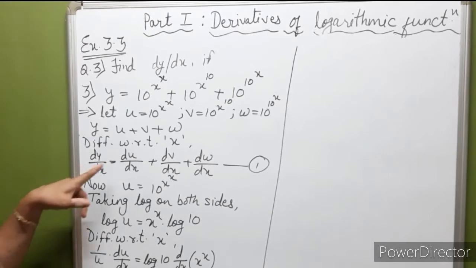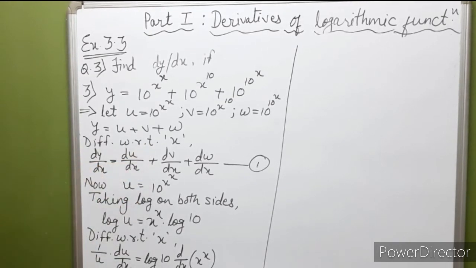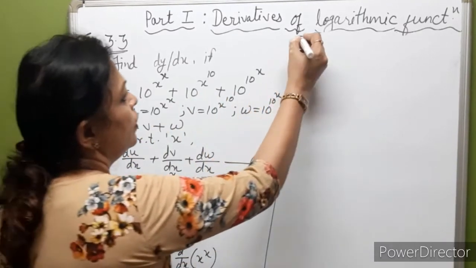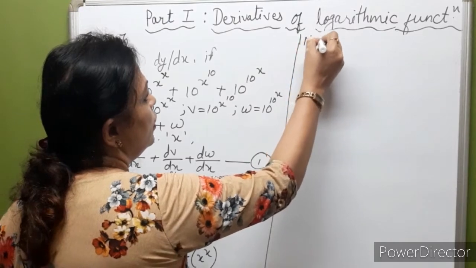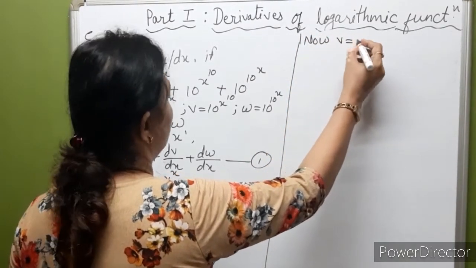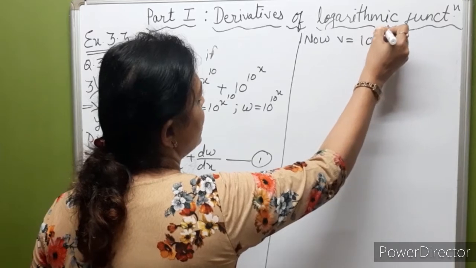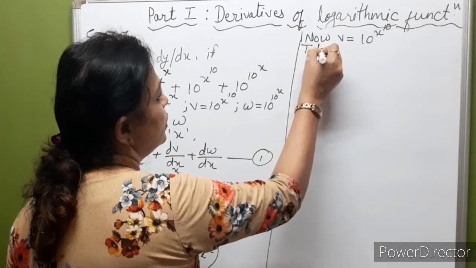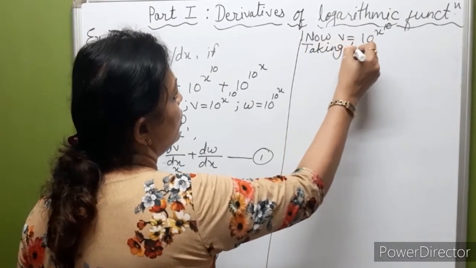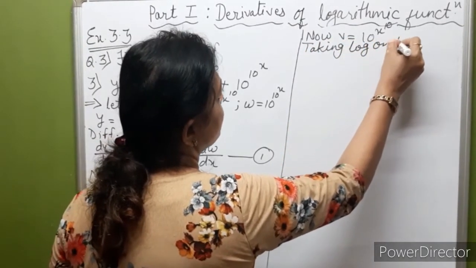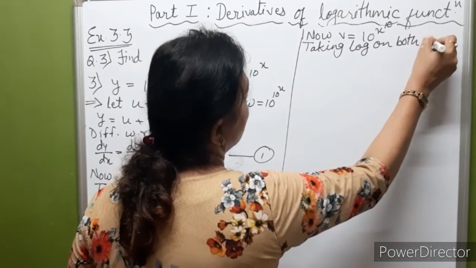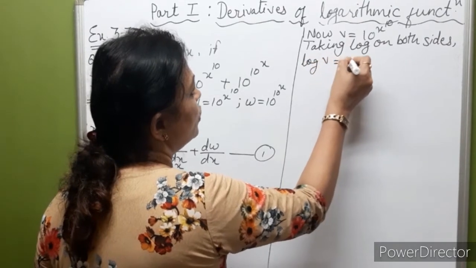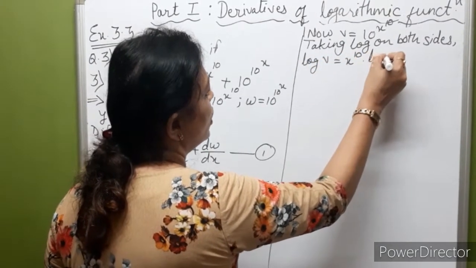Right? Now we'll find dv by dx. Now what is v? V is 10 raised to x raised to 10. So taking log on both sides, log v is equal to x raised to 10 into log 10.